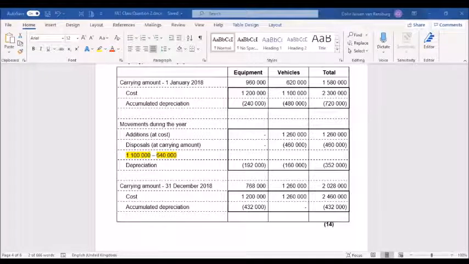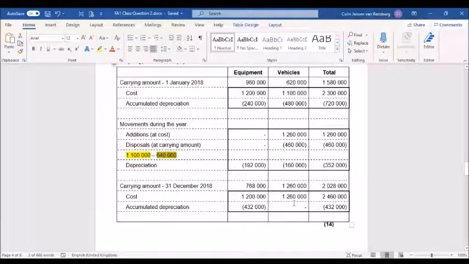What will happen in the next year, Sisanda? In the next year, let's just assume, for argument's sake, that there are no disposals and no additions to the vehicles next year. But then you will have depreciation in the next year, right? In the 2019 year, you'll start with this as your opening balances, right?